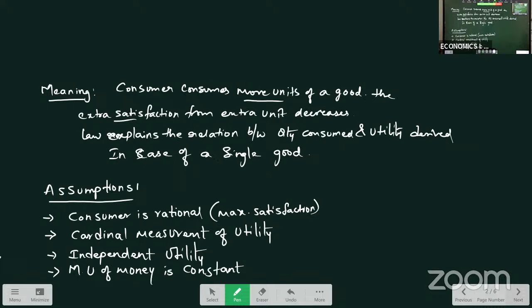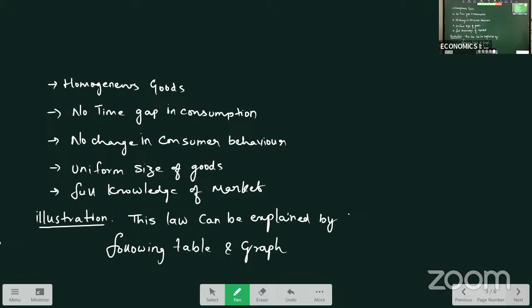Any 8 points you can write over here. Okay, assumptions you will write. A few more assumptions here. After assumptions, you will explain the law with the help of a table and a graph, right?